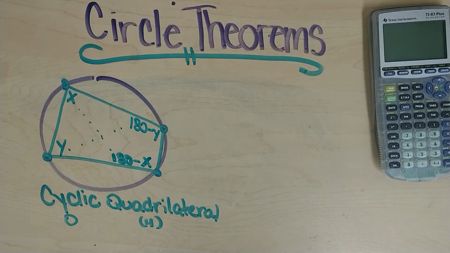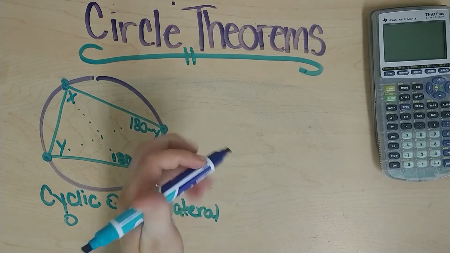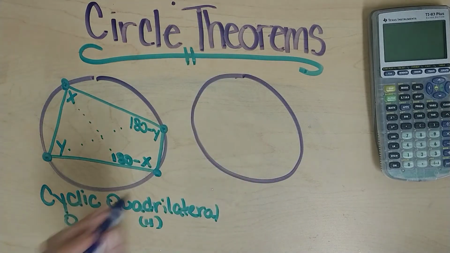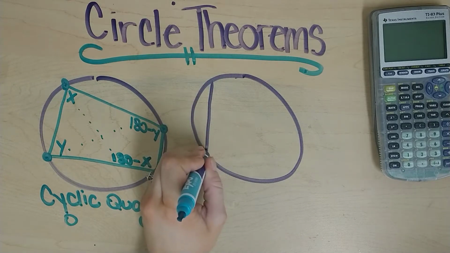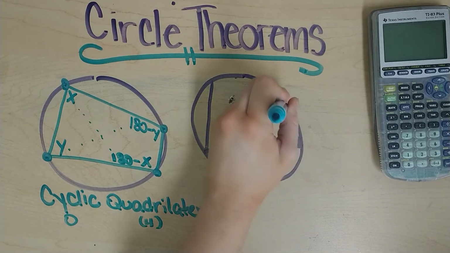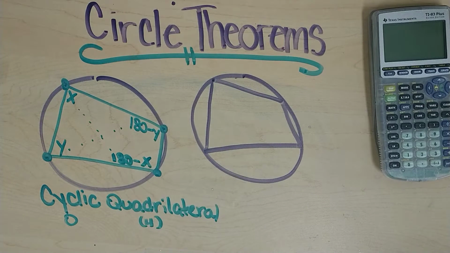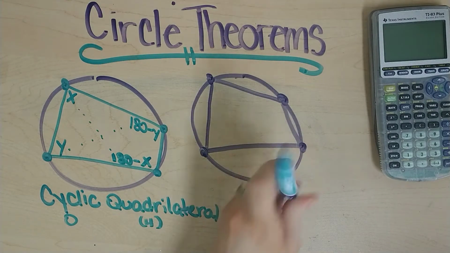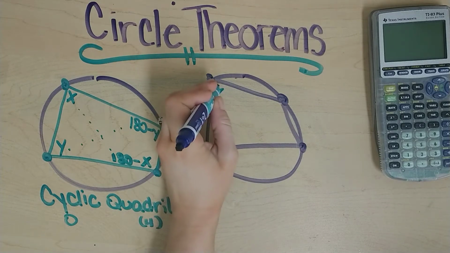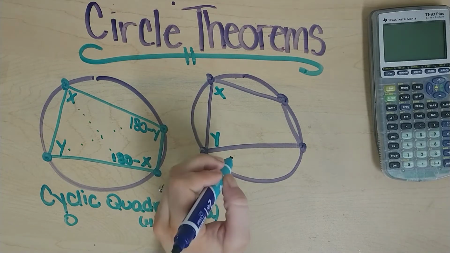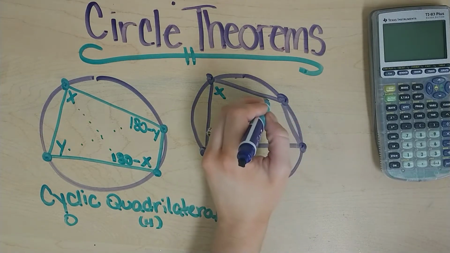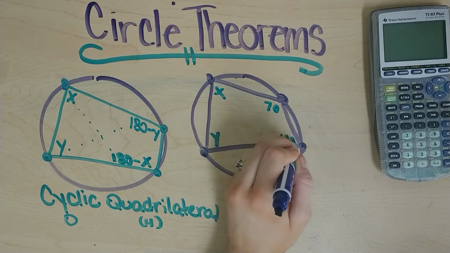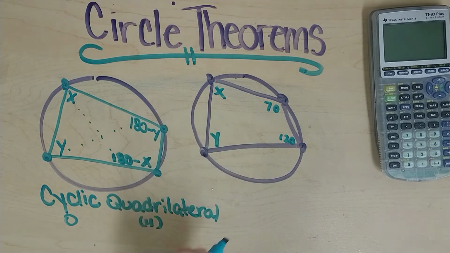So an example of that would be if I have a circle over here with a shape that has 4 sides, within a circle, a cyclic quadrilateral. This angle is x, this angle is y, but this angle over here is 70. This angle over here is 120. I want to find x and y.